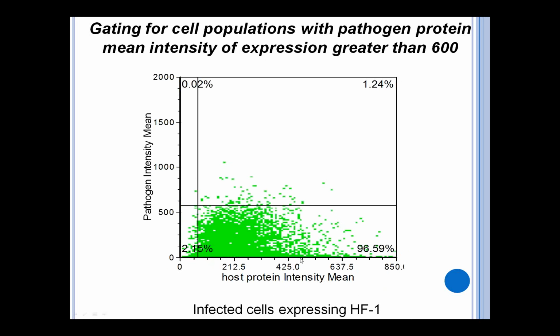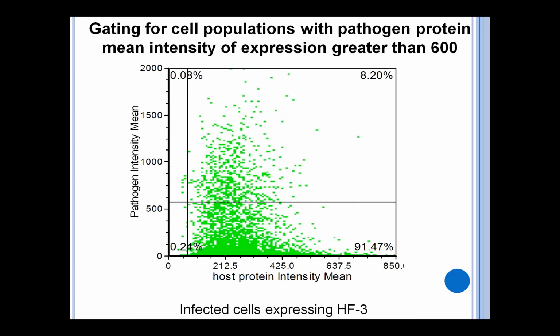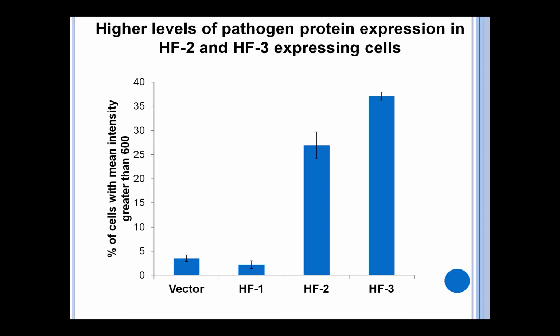Similarly, when the cells are expressing HF1, the percentage of cells which have high intensity for the pathogen is around 2%. But for the cells expressing HF2, 13% of the infected cells have high infectivity or high protein level from the pathogen. Similarly, cells which are expressing HF3 have 8% of the population with high pathogen intensity.